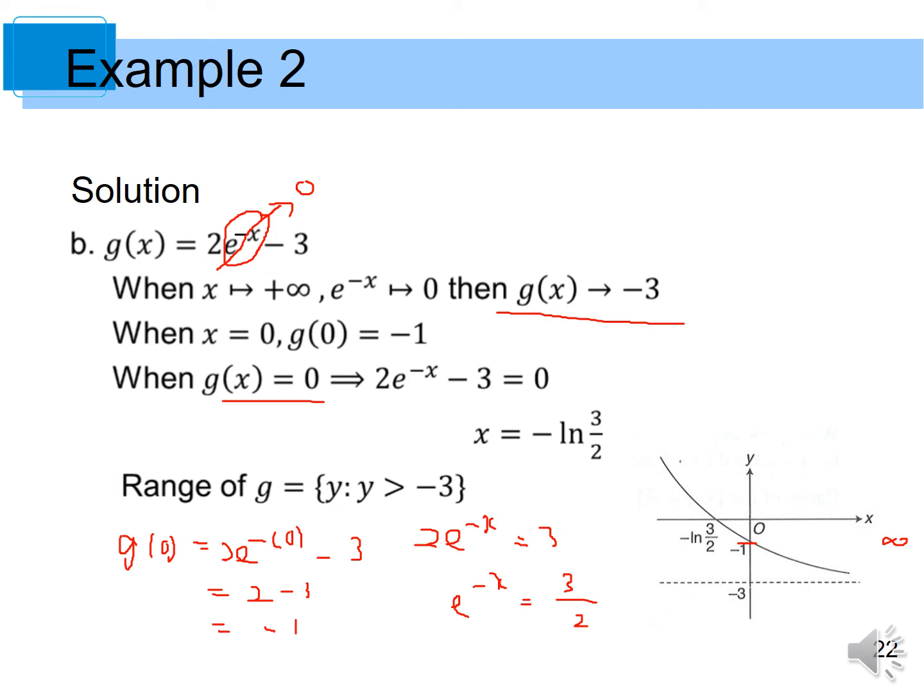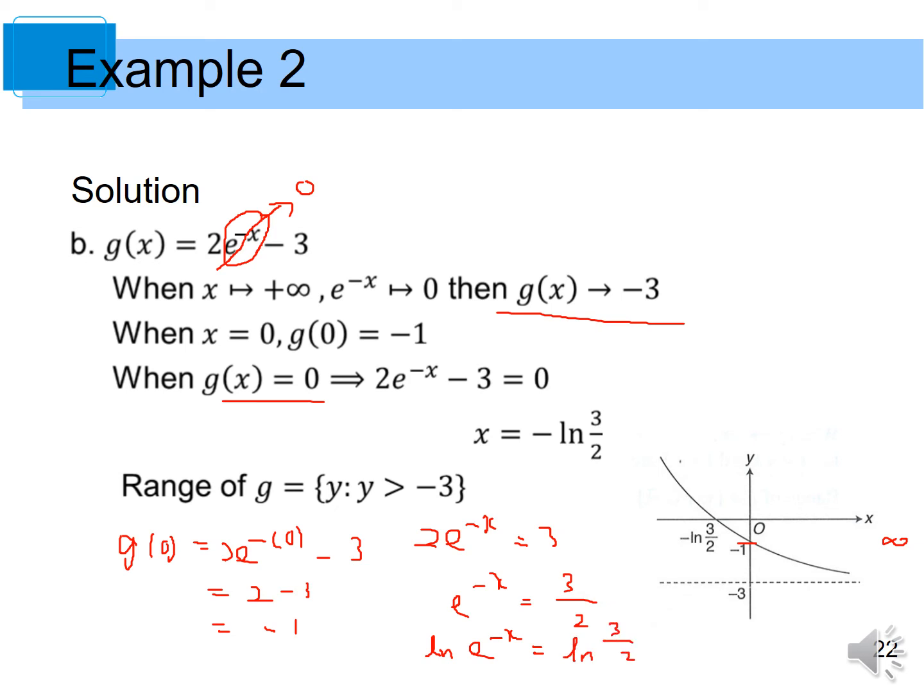And because this is an exponential function, the base is exponent. So we need to apply the log base exponent, which is natural log. So we have natural log of exponent to the negative x equal to natural log of 3 over 2.